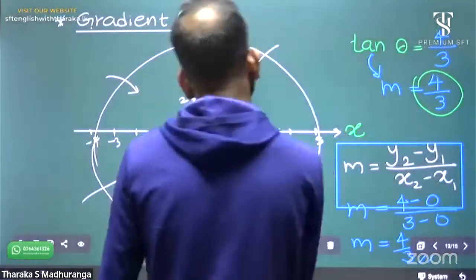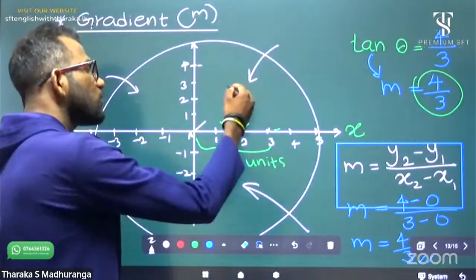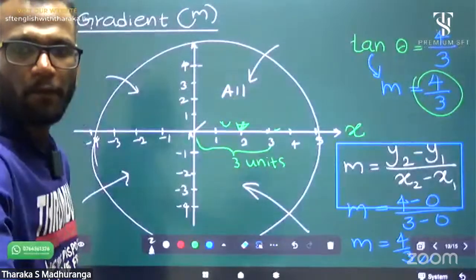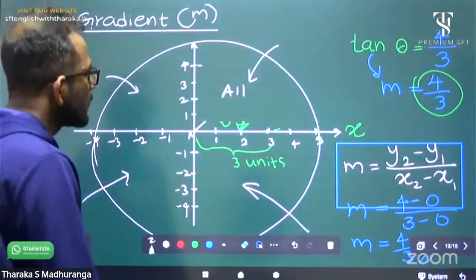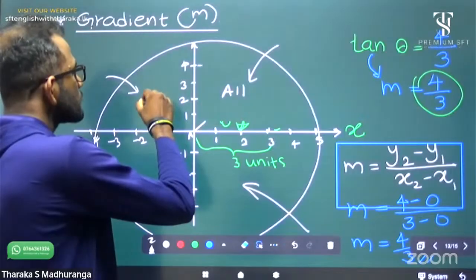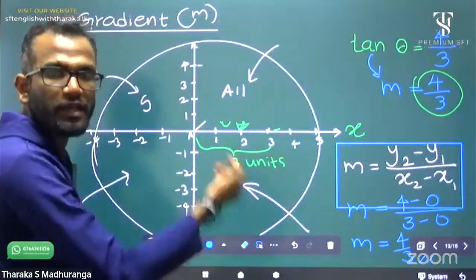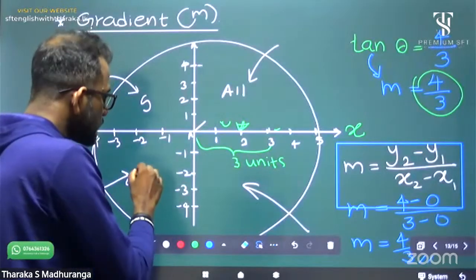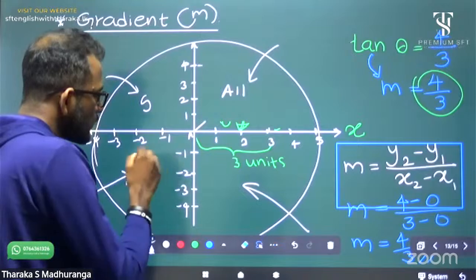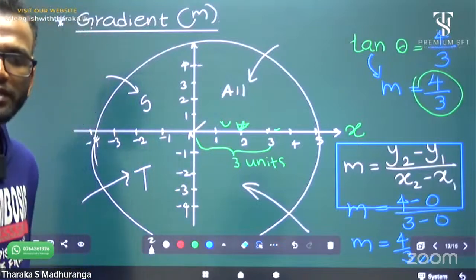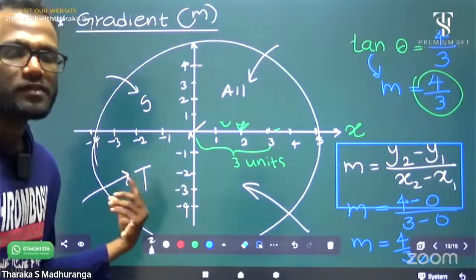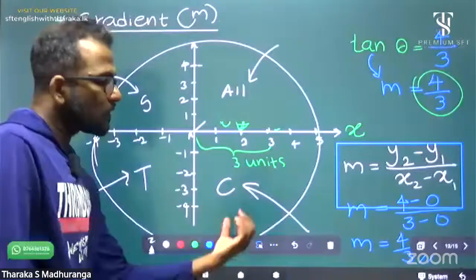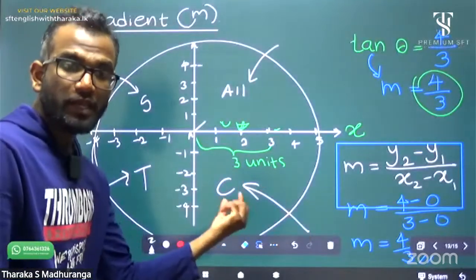Now, in the first circular base, I told you all trigonometric ratios are positive. In the second circular base, only sin is positive, others are negative. You can make tan negative.